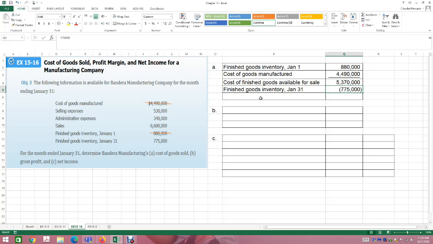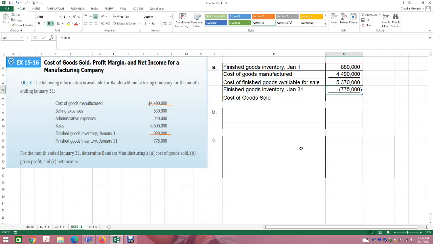So now we can calculate the cost of goods sold. This is what was actually sold. I know that I had $5,370,000 available for sale. I know that I did not sell $775,000. So it's basically the $5,370,000 minus the $775,000.